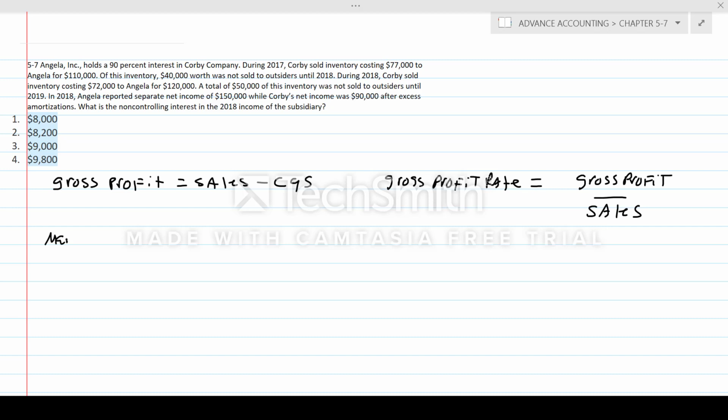Your markup on cost is equal to gross profit divided by your cost of goods sold.